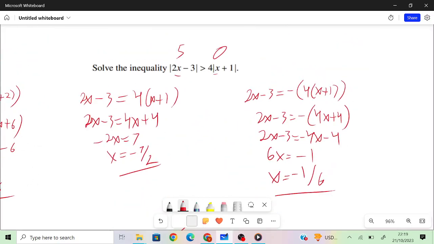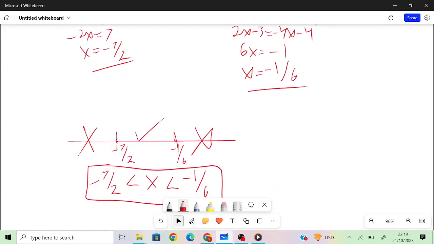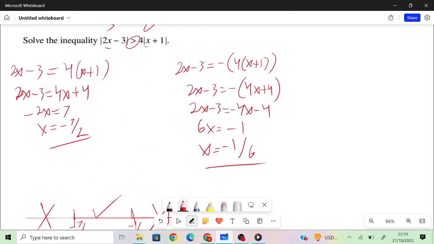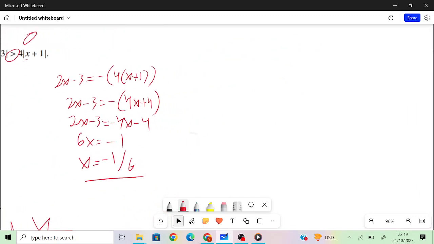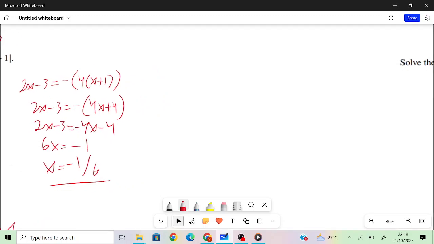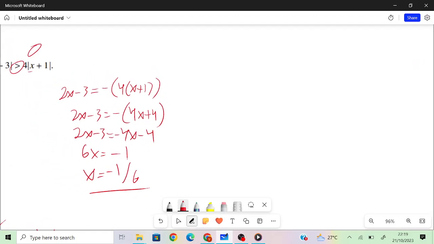Again, you can see the question had greater than, but our answer was formatted in the way that it's less than. And this can now be confirmed with our second method, that is if we square both sides. So if we go ahead and do that real quick, I have 2x minus 3 all squared greater than 4 squared into x plus 1 all squared.